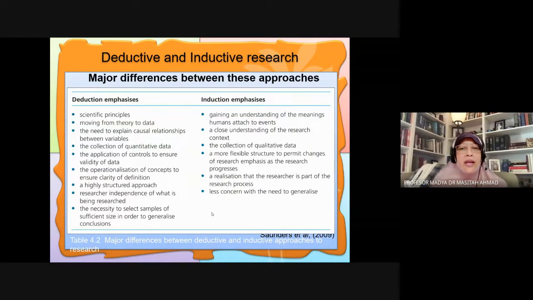But in induction, we have a more flexible structure to permit change of research emphasis as the research progresses, and the realization that the researcher is part of the research process and less concerned with the need to generalize. So based on this, you can see the difference between deduction and induction emphasis.